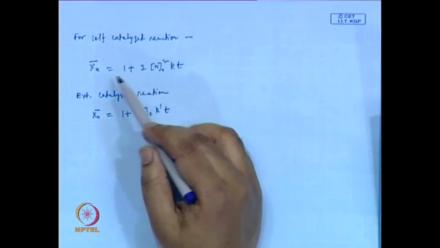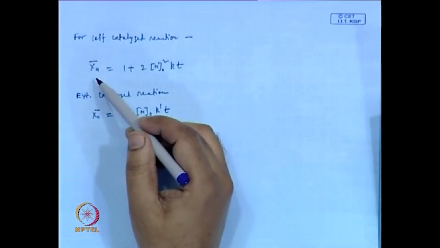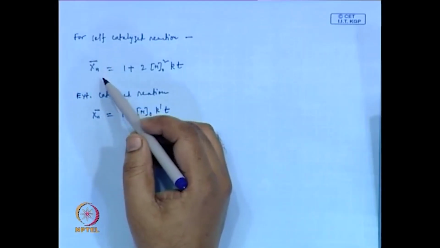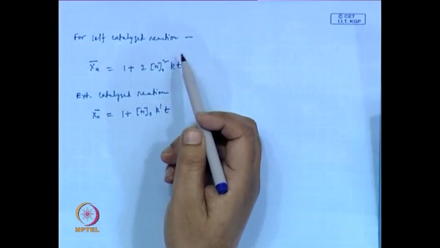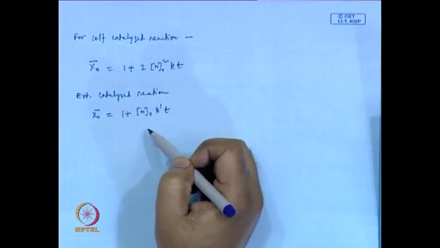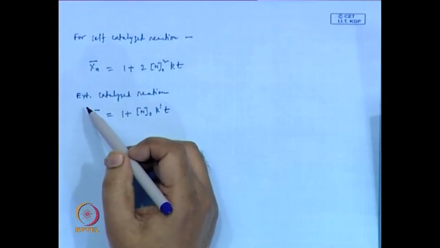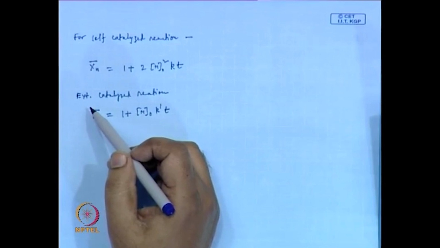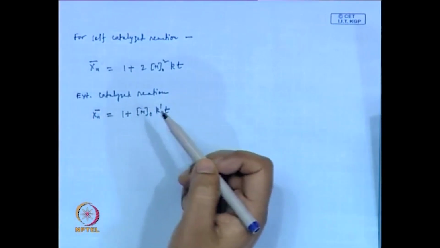that it is very difficult to build a high molecular weight, a high value of Xn bar, for a self catalyzed reaction, and that is the reason in most cases most industrial polymerization takes place in the presence of a catalyst which is added from outside the system.